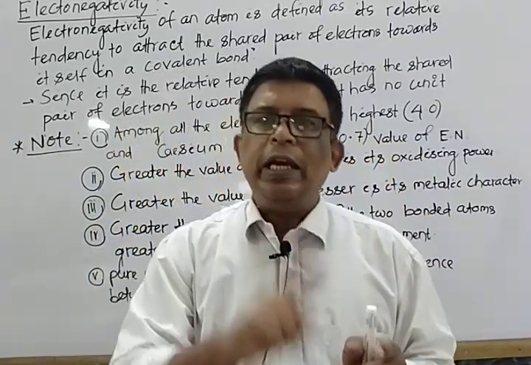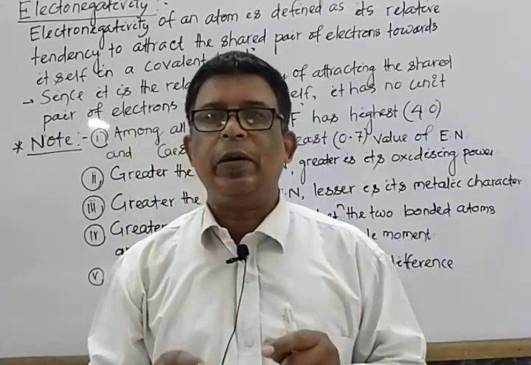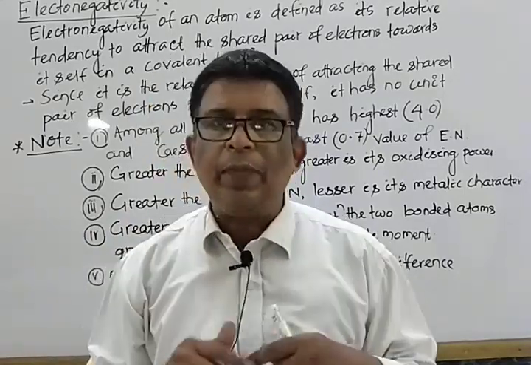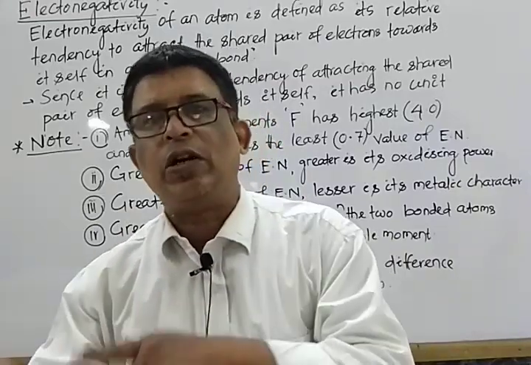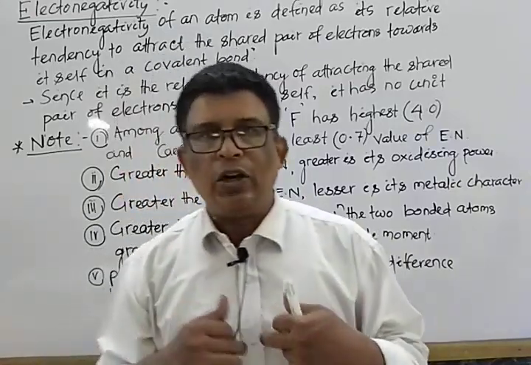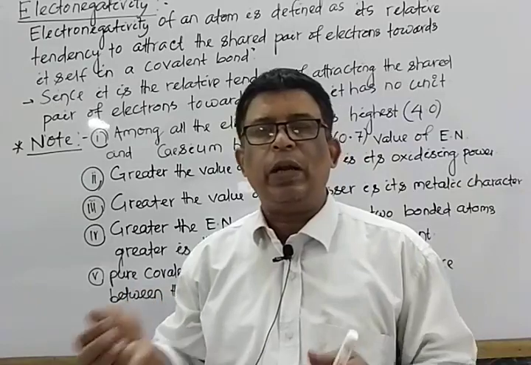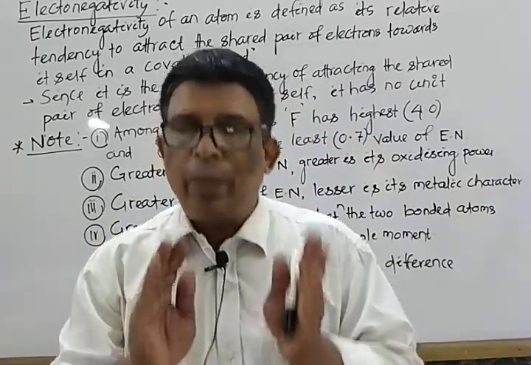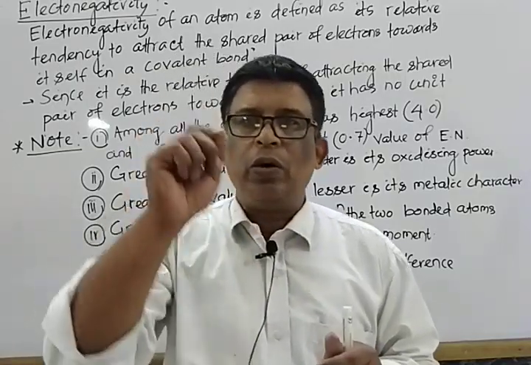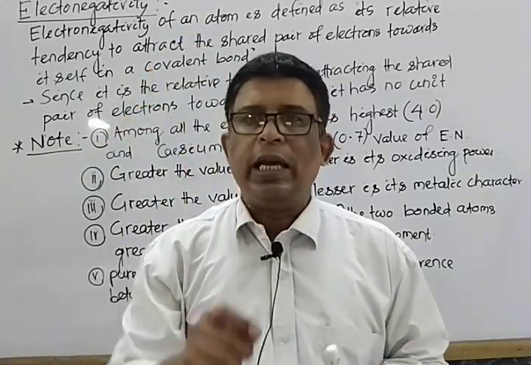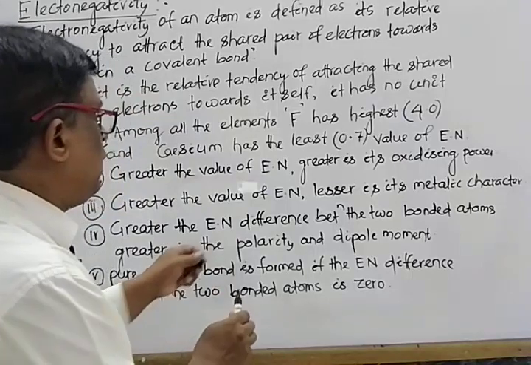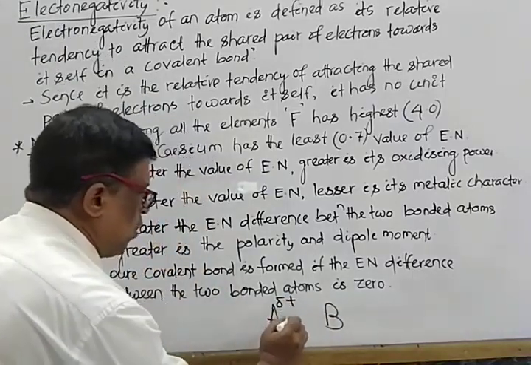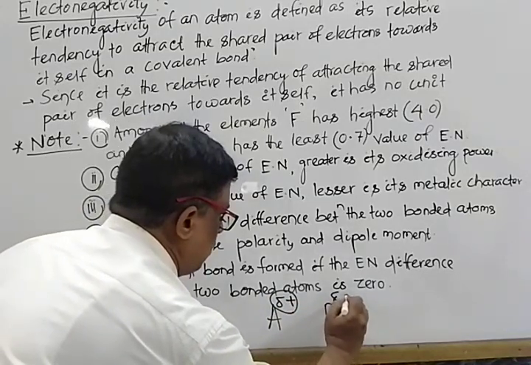If I repeat again, if there is a difference in electronegativity between atoms A and B in a bonded molecule, and atom A possesses higher electronegativity than atom B, then what happens? Atom A withdraws the shared pair of electrons towards itself. That means it possesses a partial negative charge. So near atom B there is a development of partial positive charge, and near atom A a partial negative charge.